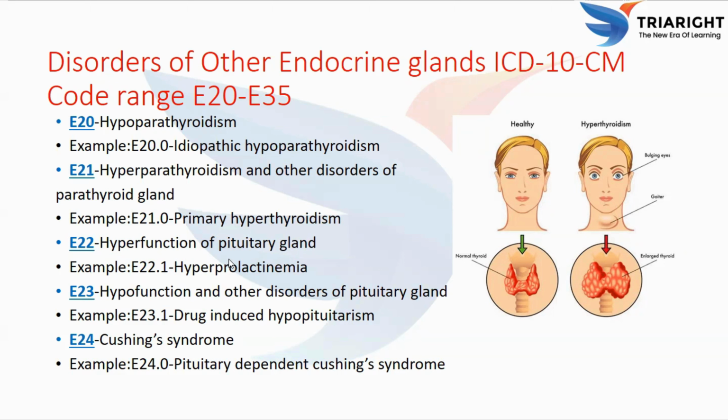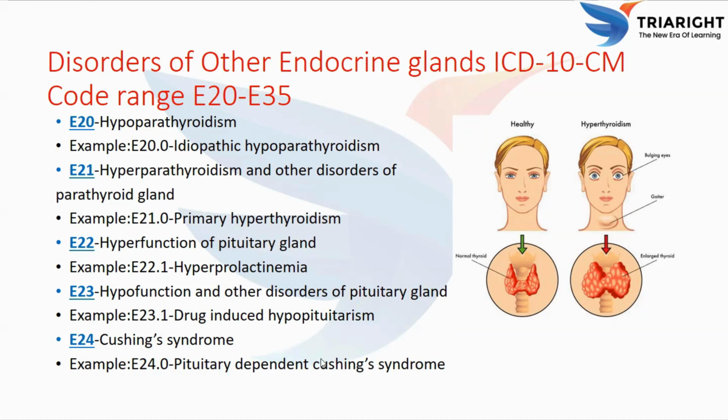for accuracy. And next, coming to the code E23. What is E23? It's a hypofunction and other disorders of the pituitary gland. The pituitary gland produces too little hormones. Hypo means low or less. E23.1 is the example for E23.